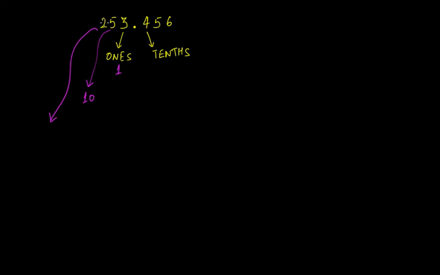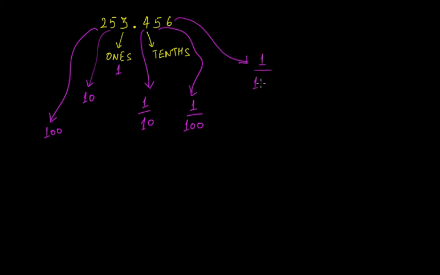This is hundreds place, therefore the multiplication factor is 100. This is tenths place, the multiplication factor is 1 over 10. This is hundredths place, means the multiplication factor is 1 over 100. And this is thousandths place, therefore the multiplication factor is 1 over 1000.